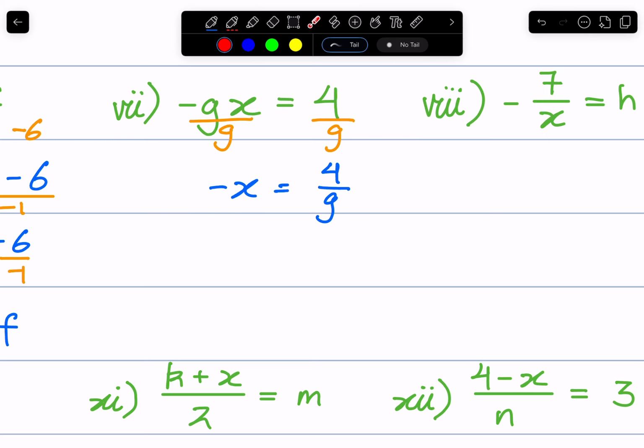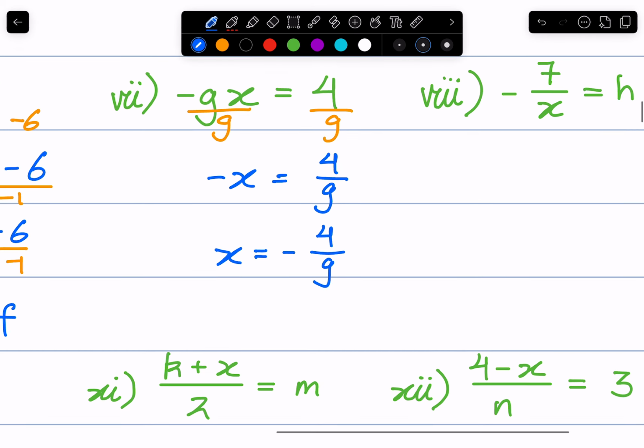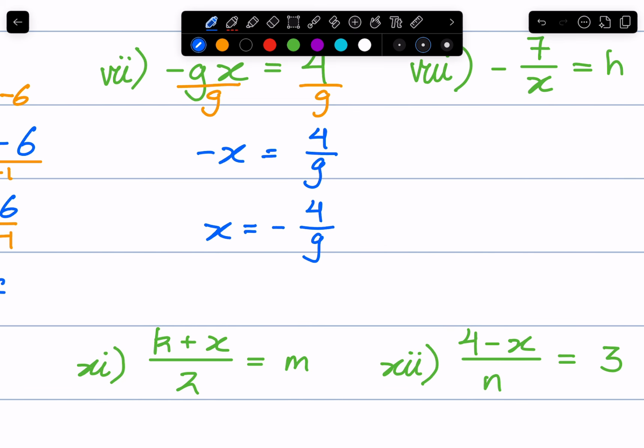That's not what's happening here. We're dividing by negative 1. When this happens with a fraction like so, we just simply leave it as negative 4 on g. So we put the negative in front of the fraction, and it's just the same fraction. Later, whenever you do see a negative in front of a fraction like this, remember that it's actually negative times the numerator. It's much better to think of it that way.